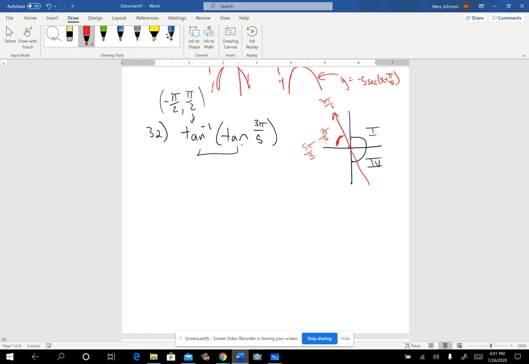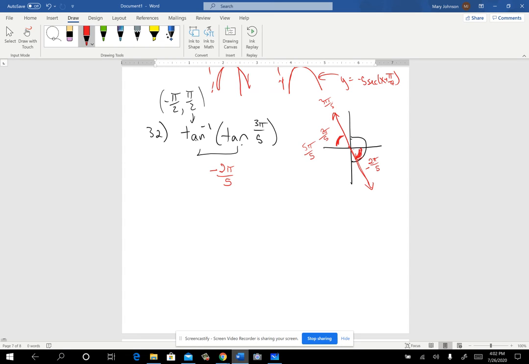Here's the angle in the fourth quadrant that would have the same tangent as 3 pi over 5. That amount in red is 2 pi over 5, but I need it to be negative 2 pi over 5. So the answer to 32 should be negative 2 pi over 5.